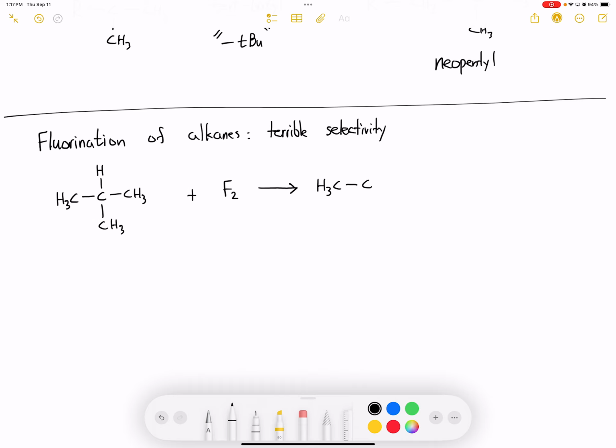All right, so two products can form. What's one of them? One of them is where the fluorine is going to be on the central carbon, the tertiary position. So this is the tertiary position. Now what would the other product be if we just have monofluorination, just one fluorine substituting?